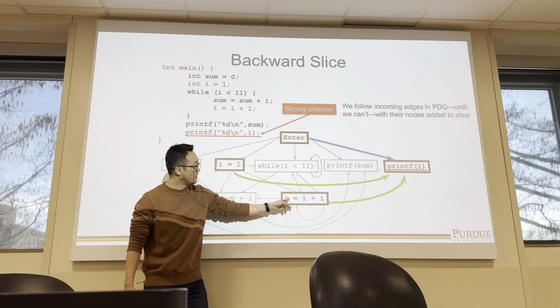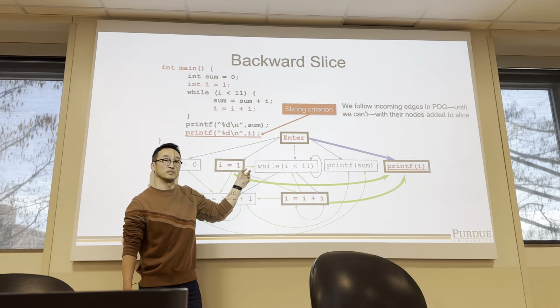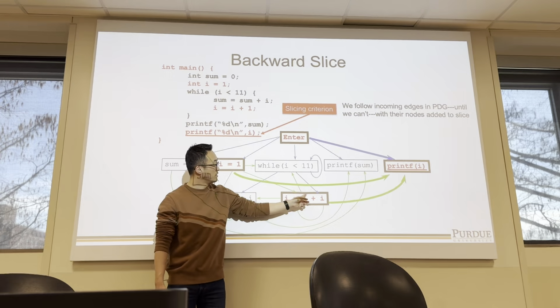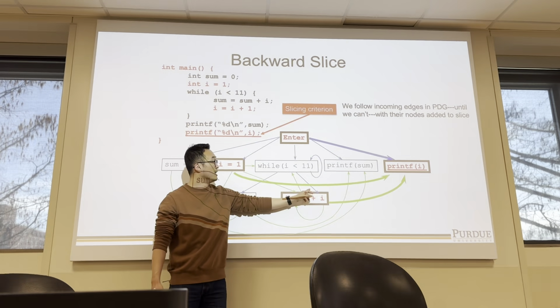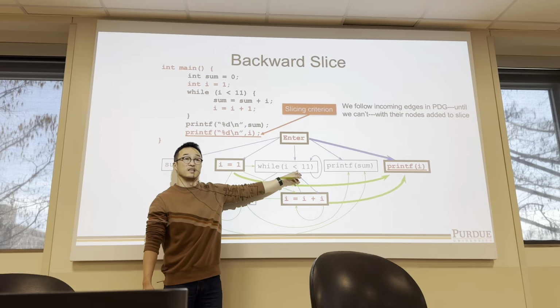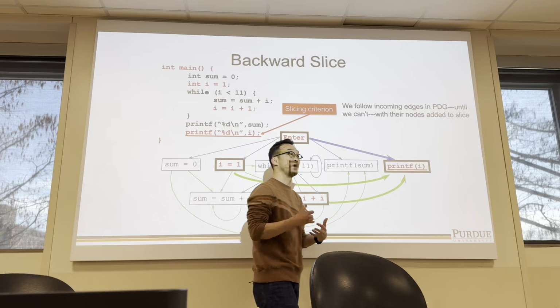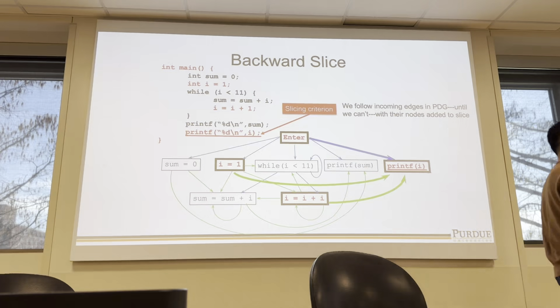But this guy, all right, it seems like I have this incoming edge, which I already marked, but then this one has a control dependence edge right here. That means because of this guy, I need to mark this thing. Then if I mark this thing, that means I need to figure out whether this guy that I just recently marked has any incoming edges. So that means you need to do this backward traversal again and again, in a recursive fashion, until the point there is no further way you can go down.